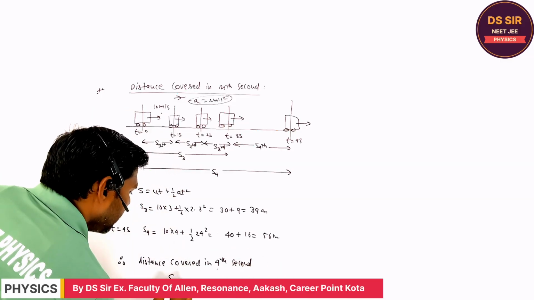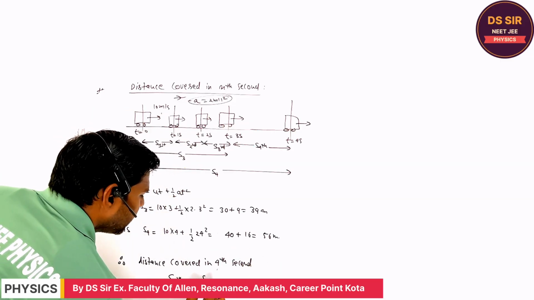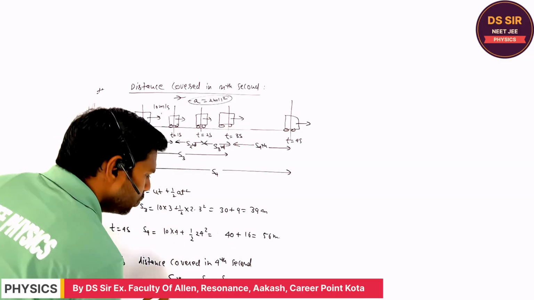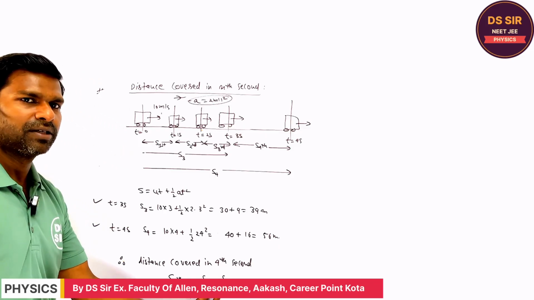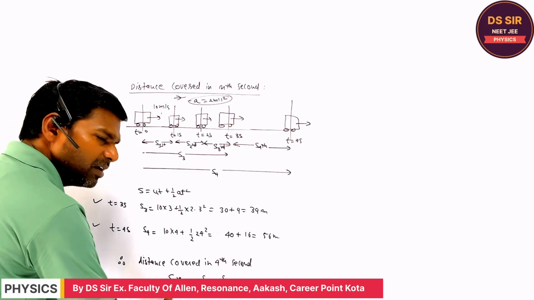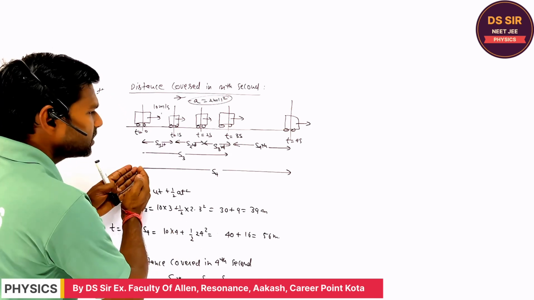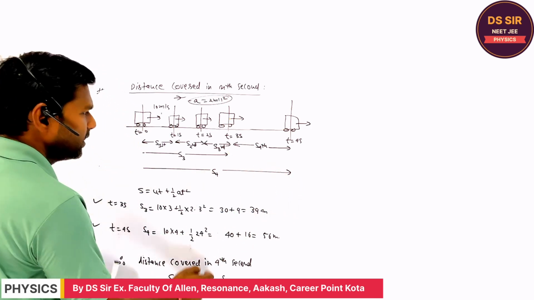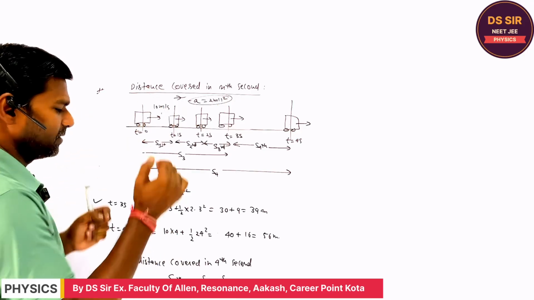I am writing this. S4th is nothing but S4 minus S3. You understand this? Distance covered in fourth second is equal to distance covered in 4 second minus distance covered in 3 second.